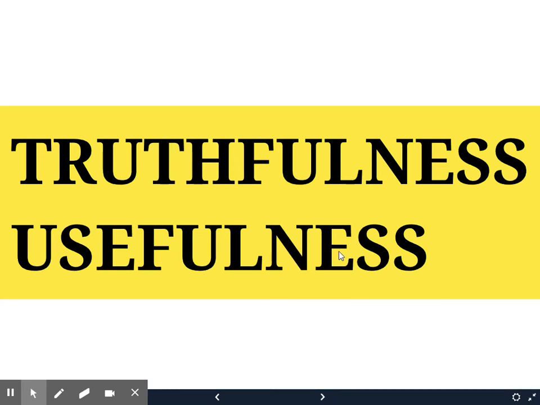Even if the facts don't match up with what you think, it's better to go with the truthful facts that can be verified than it is to just go with, well, this is what I believe and this is what I like. Because sometimes, even though it's what you like and what you want, you may end up with information that's not really helpful to you.